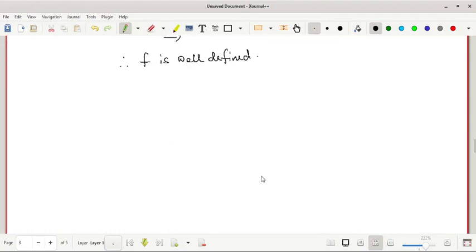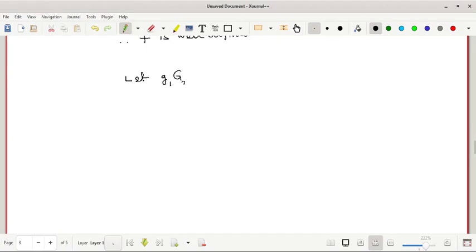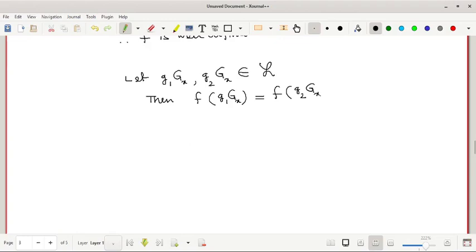Let us prove that f is one-one. Let g1 Gx, g2 Gx belong to script L. Then f of g1 Gx is equal to f of g2 Gx.